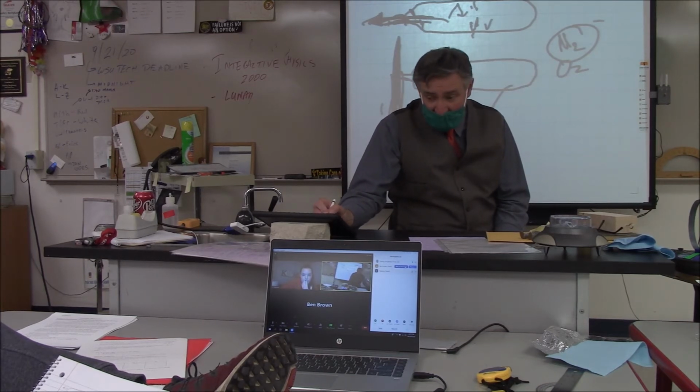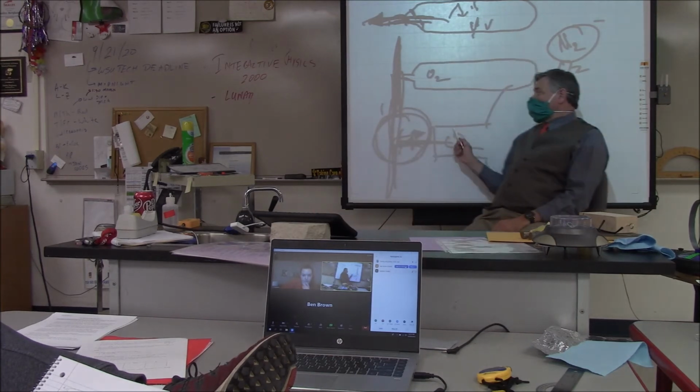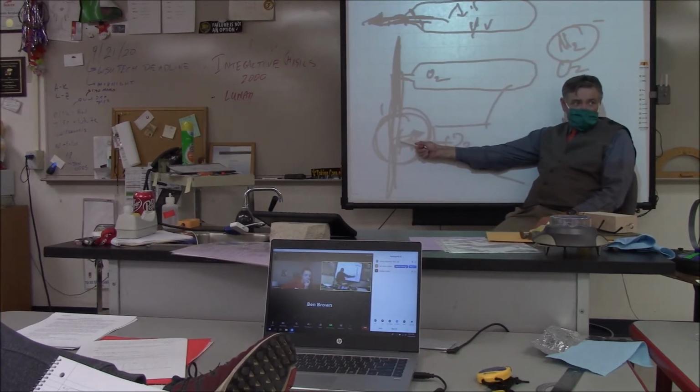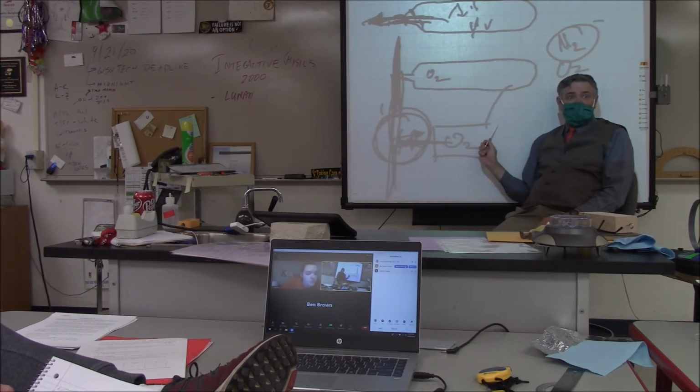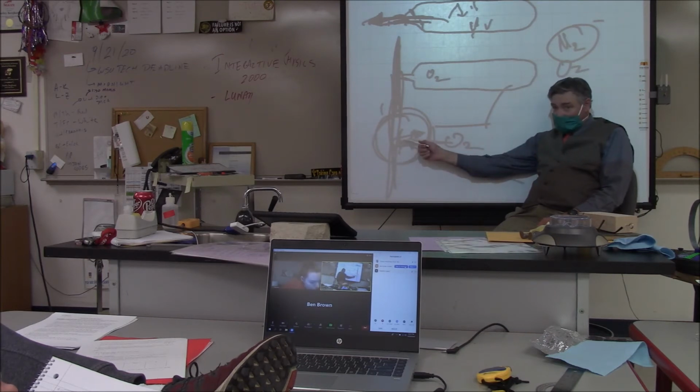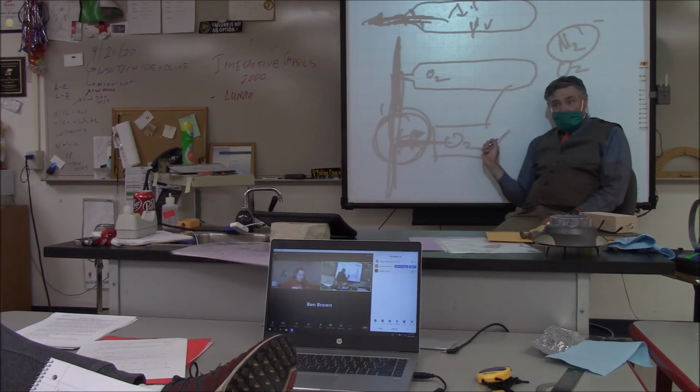So when that oxygen molecule hits this and bounces off, will that interaction have any impact at all on the balloon itself?